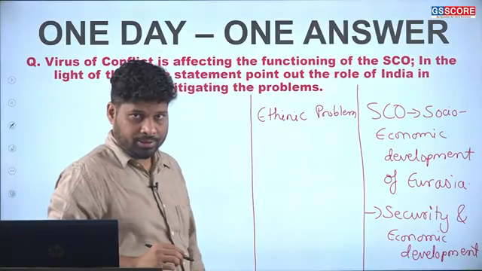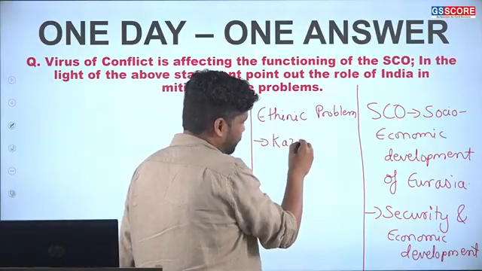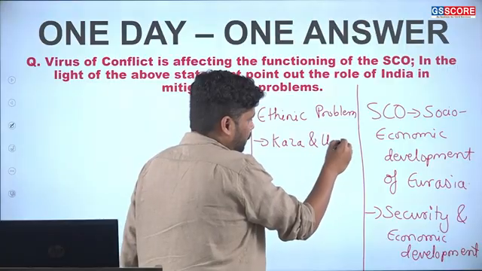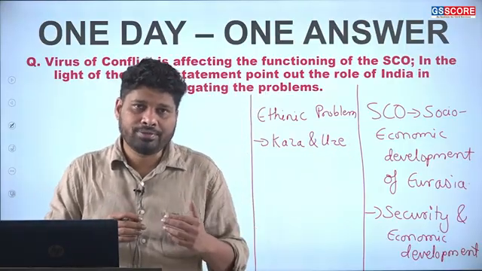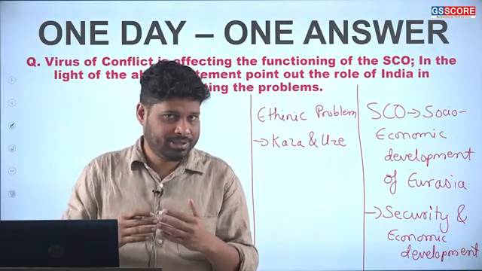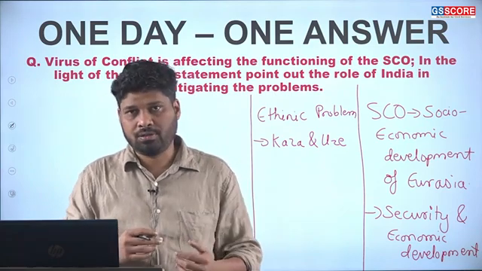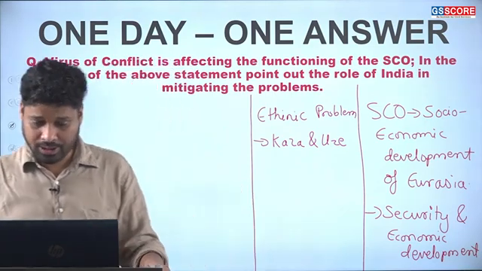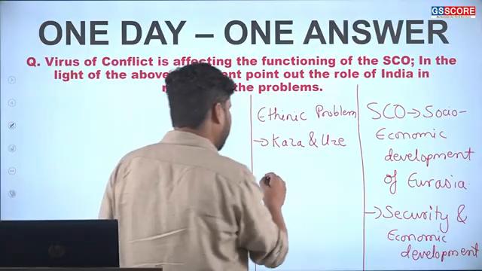When we talk about ethnic problems, you can give the example of Kazakhstan and Uzbekistan, who have ethnic differences, or the issue of ethnic superiority between them has been raging for a long period of time, and it also gets reflected in the Shanghai Cooperation Organization. The second problem with respect to the Shanghai Cooperation Organization is that of leadership.